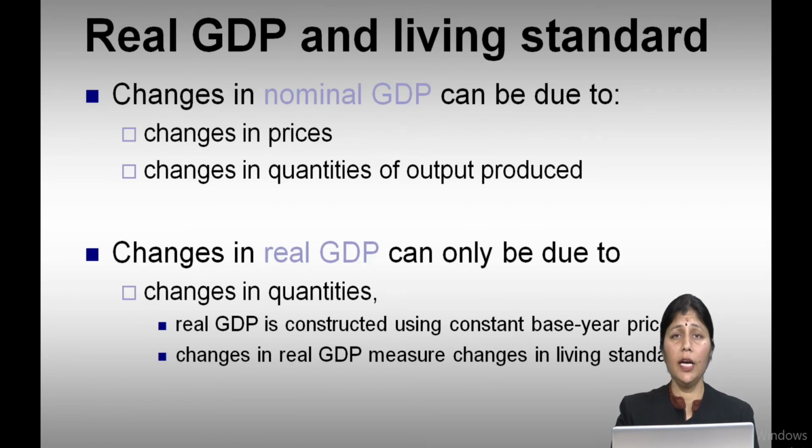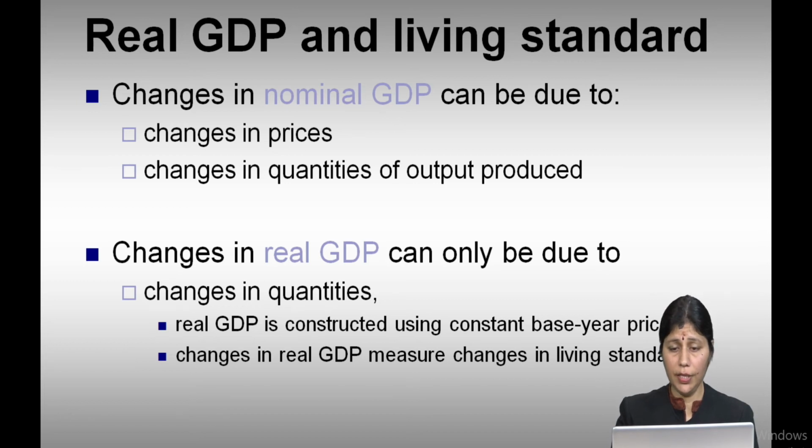Then real GDP and the living standards. Everybody wants to get a high status in the economy, as lower income groups want to transition themselves into the middle income group, and the middle income group wants to transition into the higher income group. That is why real GDP gives you the actual picture of how you are having an increment in per capita income and purchasing power parity in the country's people. Now, change in nominal GDP can be due to change in prices, or there is a change in quantity of goods and services.